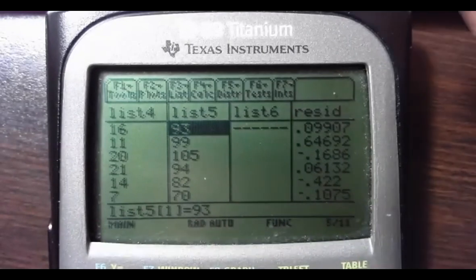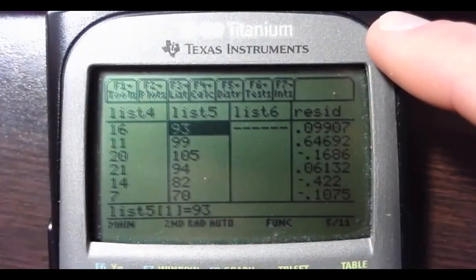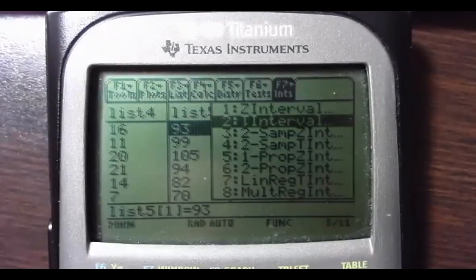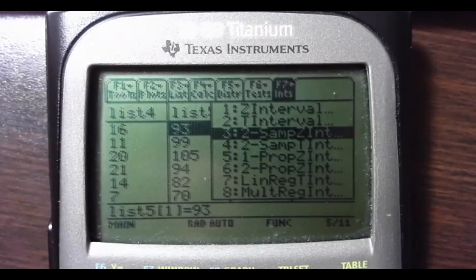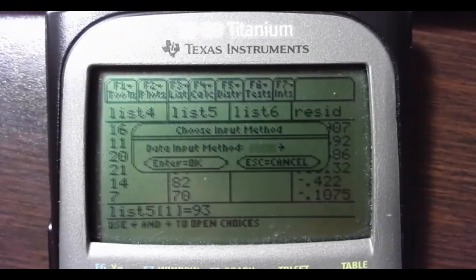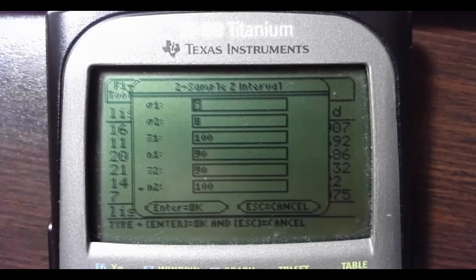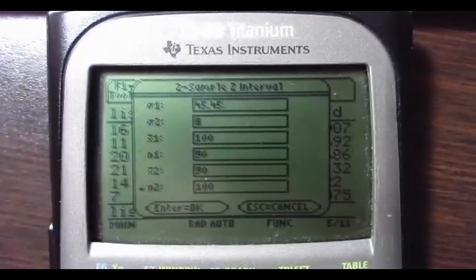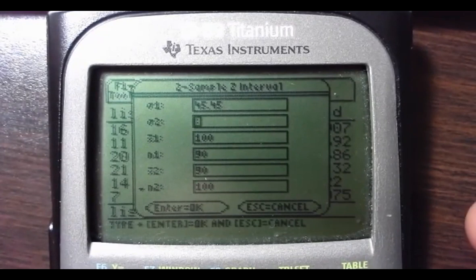Okay, so we're going to do an interval, a 2-sample Z interval. We're going to put stats in. Sigma 1 is 45.45, already given in terms of the sigma. Sigma 2, 16.34. Those are very different sigmas. I hope everybody caught on to that.